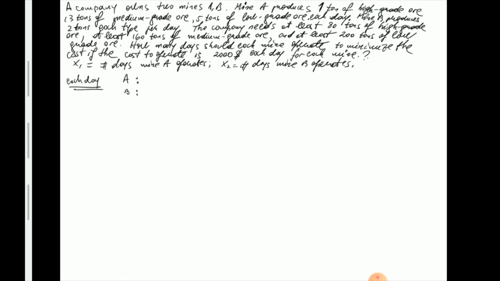So mine A produces 1 ton of high grade ore per day, and then 3 tons of medium grade ore, and then 5 tons of low grade ore. Mine B produces 2 tons each. 2 tons each type. So for mine B, we're going to write 2 tons in each category of type of ore.